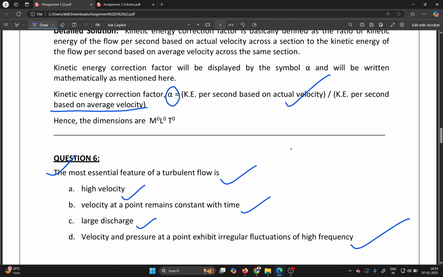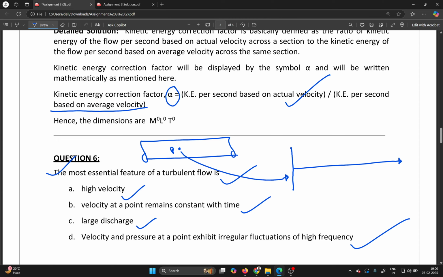Actually, in the laminar case, suppose you are measuring the velocity at a particular point P, with velocity on this axis and time on this axis.